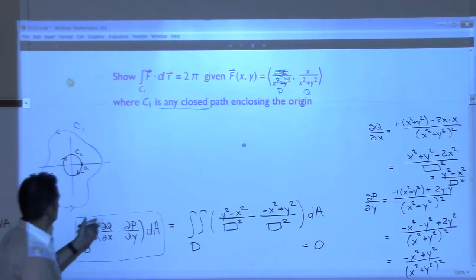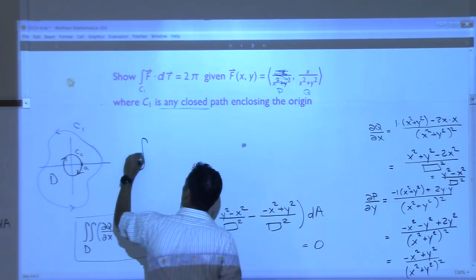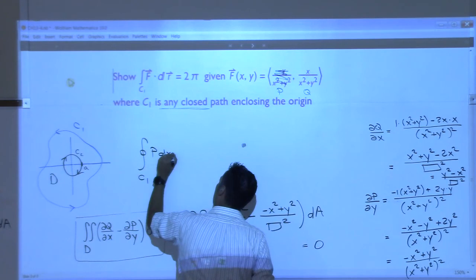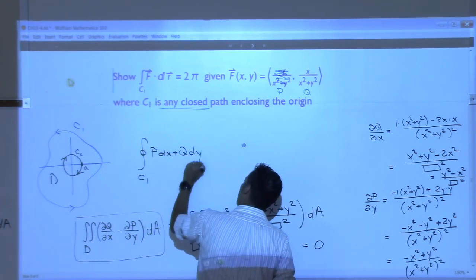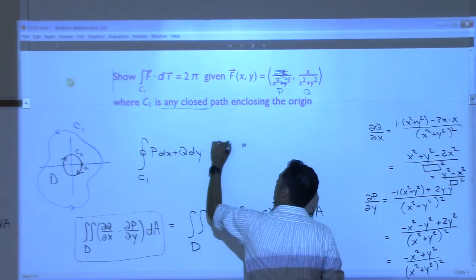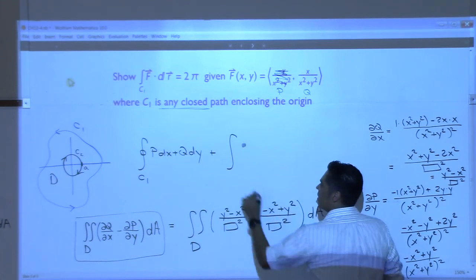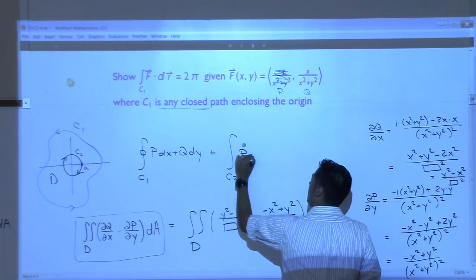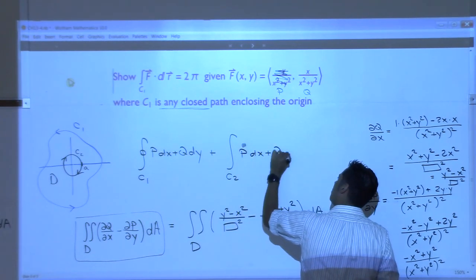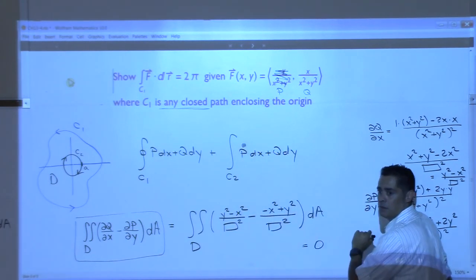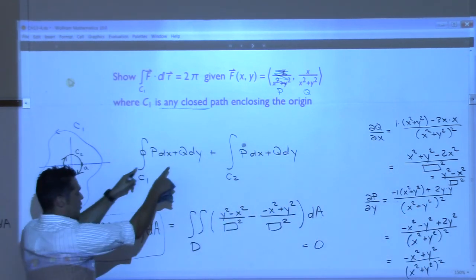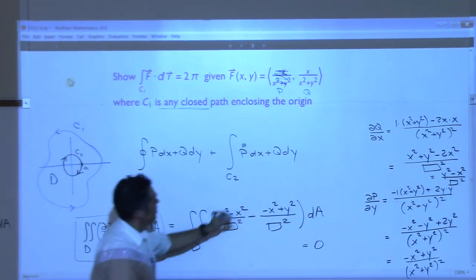This is the line integral over the closed curve C1 of p dx plus q dy plus the line integral over C2 of p dx plus q dy, right? That's what this is. But this is 0, so this is 0, isn't it?